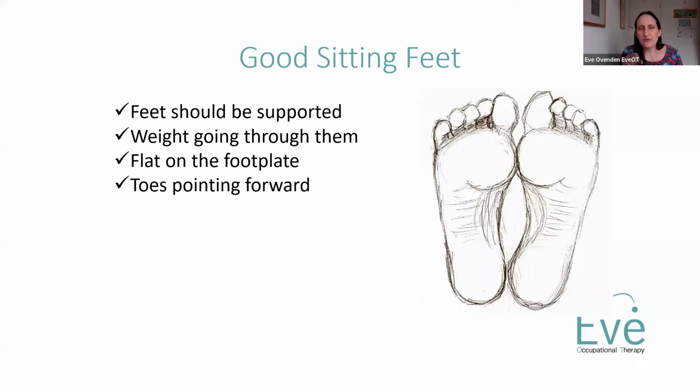And when I said feet should be supported, ideally, we want children to be able to move their feet at times, but also there might be times when them moving their feet results in their pelvis moving, and so you want to fix their feet so the pelvis stays fixed and secure.